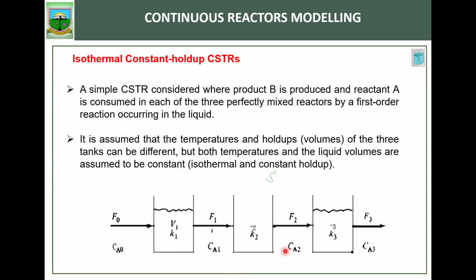This system is also very interesting, straightforward, very simple. It's just similar to the other one, but in this one we have continuous reactors together. Our CSTR, but we want to maintain the volume in the CSTR. So let's see how this system is modeled. Then we can write the equation.